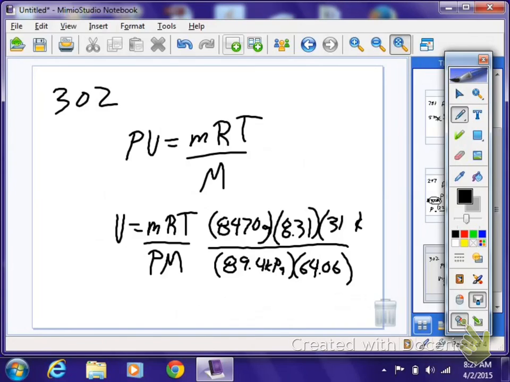I'll take that. That was a little bit off, but not too bad. So let's see. Did I write that in Kelvin? I don't think I have written so you can see it very good. So that's 313, right? Yeah, 313. Okay? So once you do that calculation, then for number 302, your answer should be 3,850 liters. Is that right?